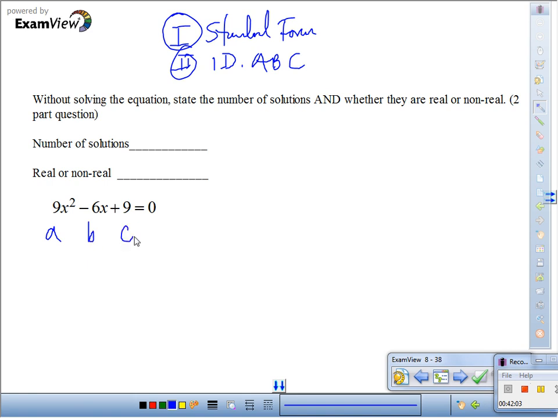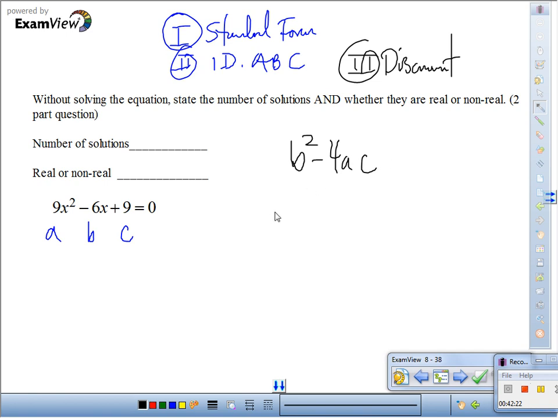Does everybody see? Step number 3, make sure you write your discriminant. And what is the discriminant? B squared minus 4AC. All right?